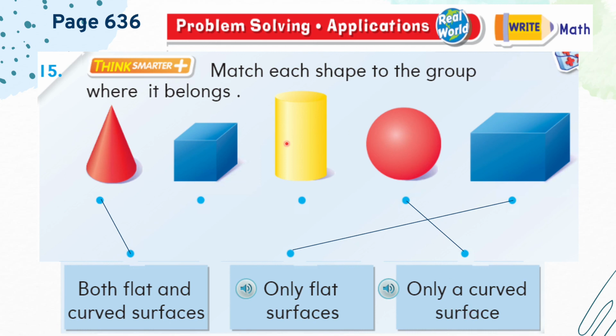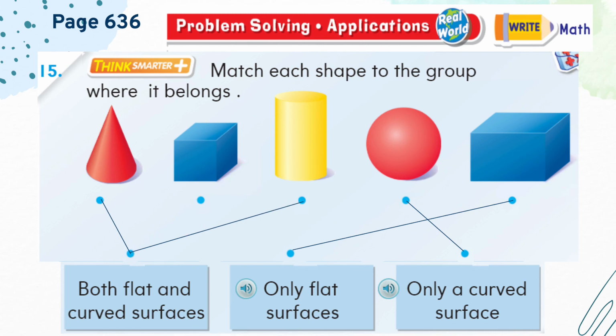Now we are left with these two three-dimensional shapes here. Let's look at each one by one. Let's look at the cylinder now. We'll see that this cylinder has a curved as well as a flat surface. So it's going to come in this category of three-dimensional shapes. So I'm going to join the lines.